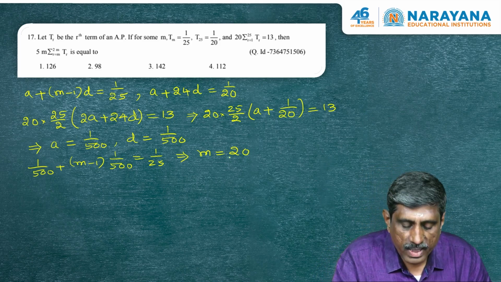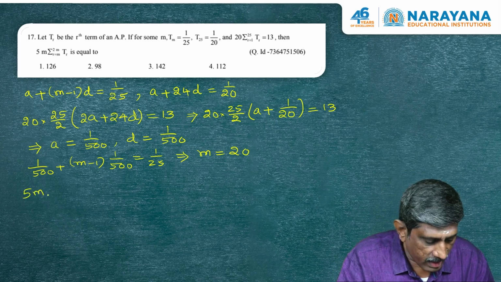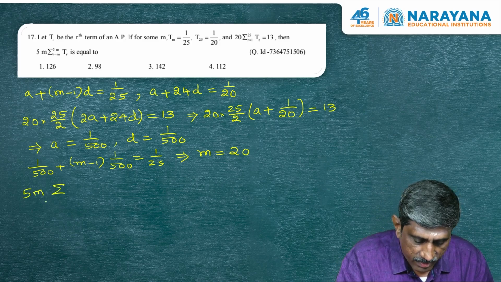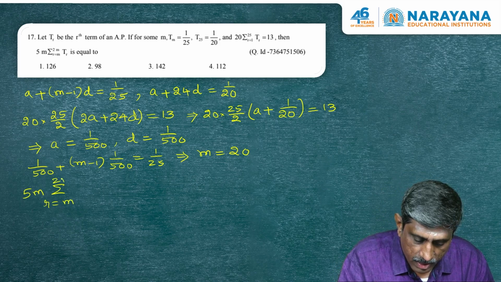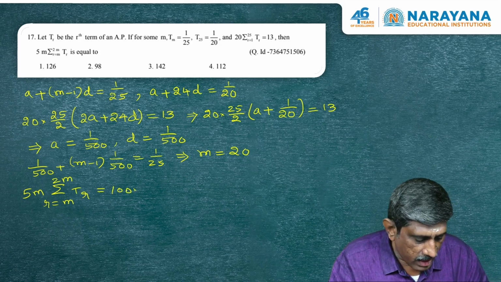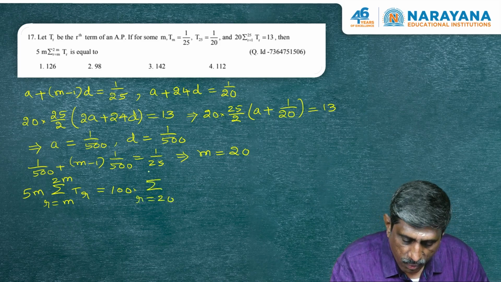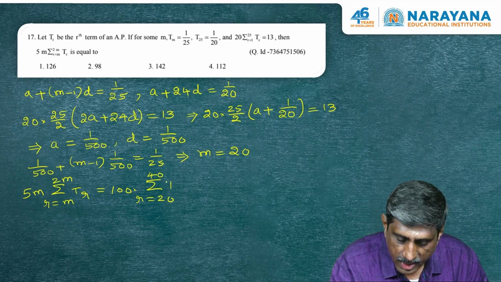Now, let us find what is the required answer. So, 5 times of m into sigma r is equal to m to 2m Tr is asked, which is nothing but 5m, 5 into 20, 100 into sigma r is equal to 20 to 40 Tr.